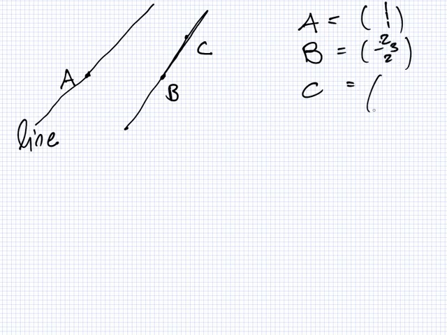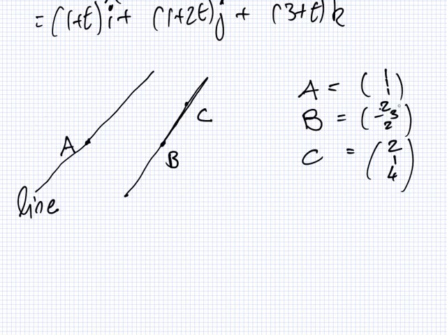And we'll say C could be 2, 1, 4. These are supposed to be parallel, correct.